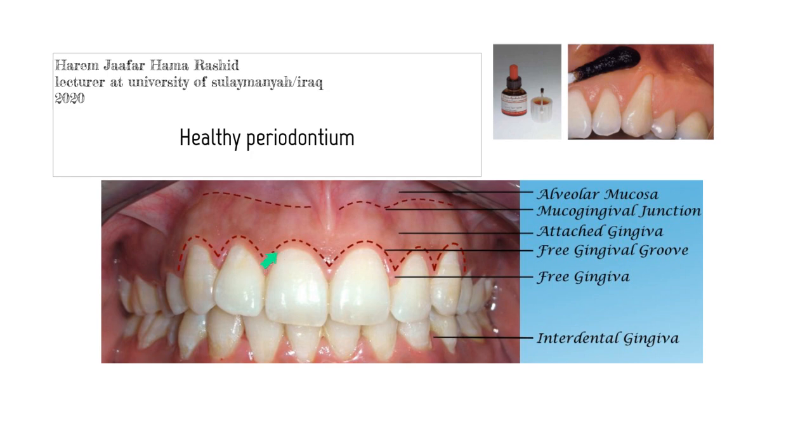We have the free gingival margin or the marginal gingiva, which is the most coronal part of the gingiva and demarcated by a groove, as we said, from the attached gingiva. Its depth varies between 0.5 to 3 millimeters. And the free gingiva comprises the wall of the gingival sulcus.